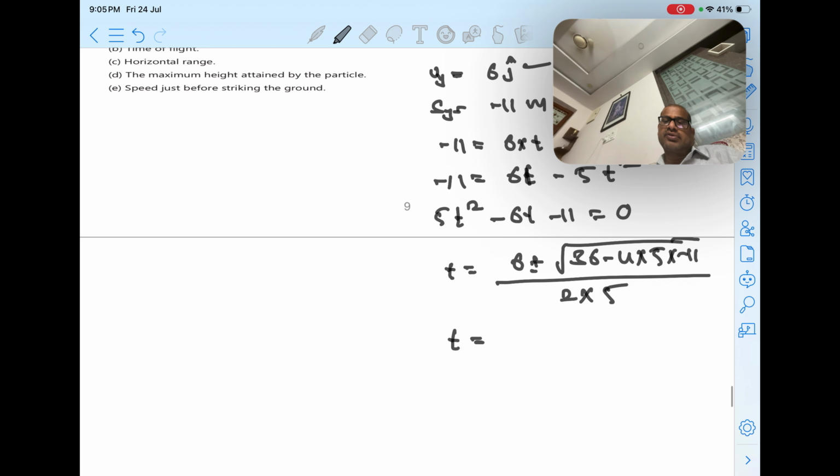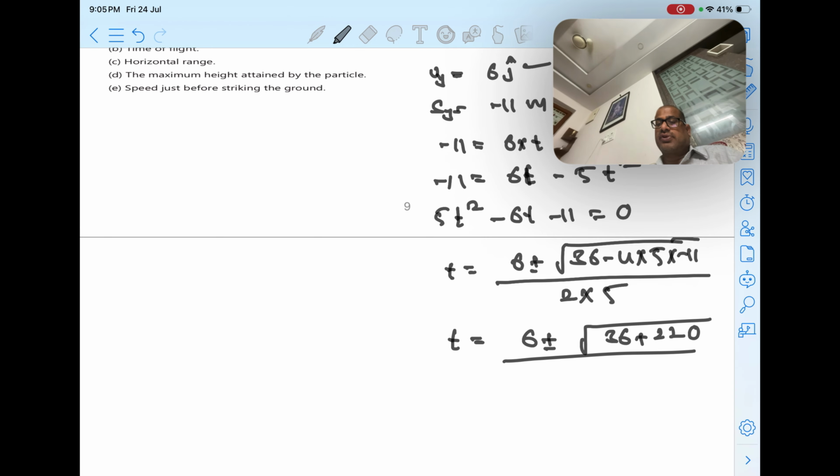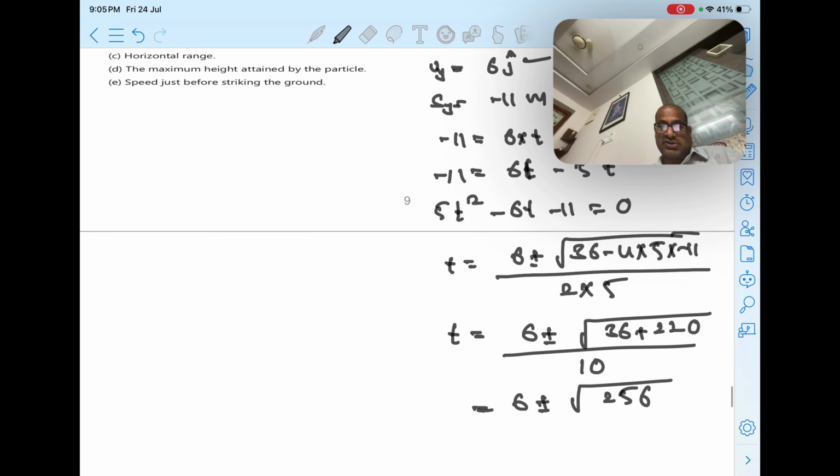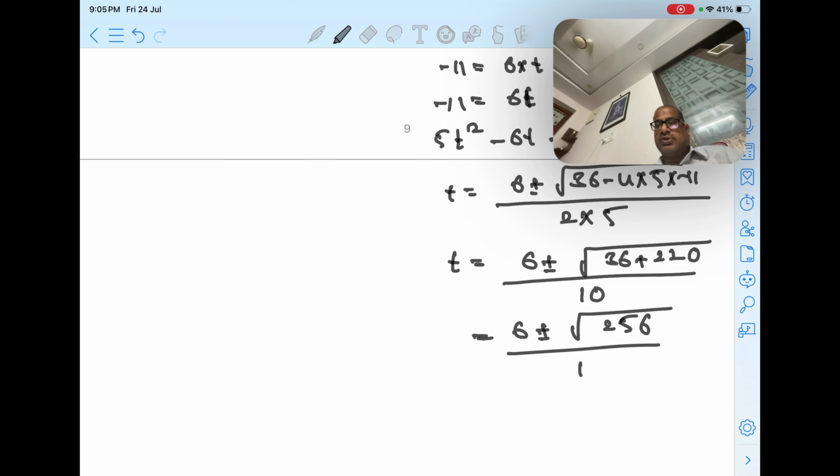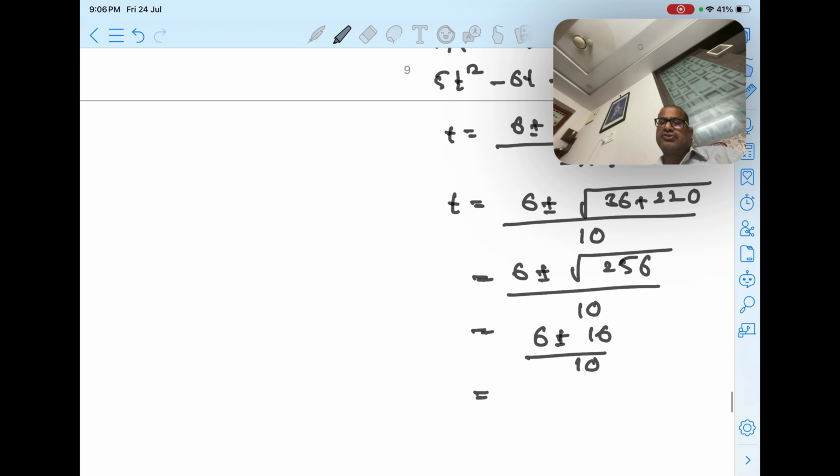That becomes 6 plus or minus root of 36 plus 220, divided by 10. That becomes 6 plus or minus root 256 divided by 10. Time cannot be negative here, you can take only the positive value. So root 256 means 16. So 16 plus 6 is 22 divided by 10, which is equal to 2.2 seconds.